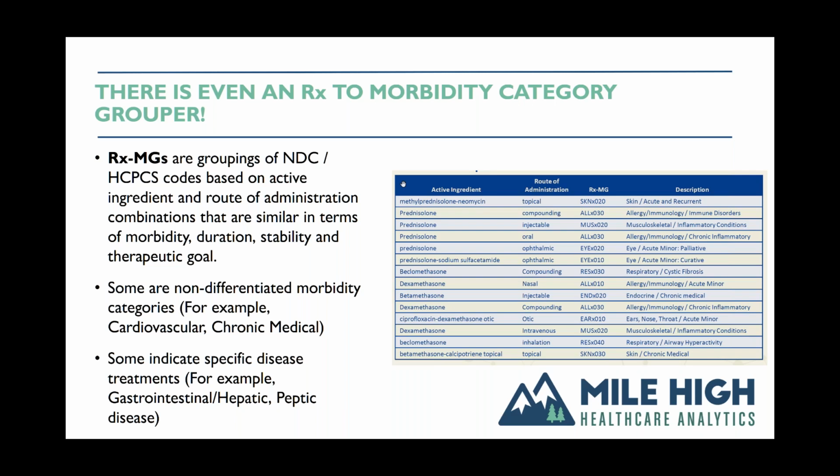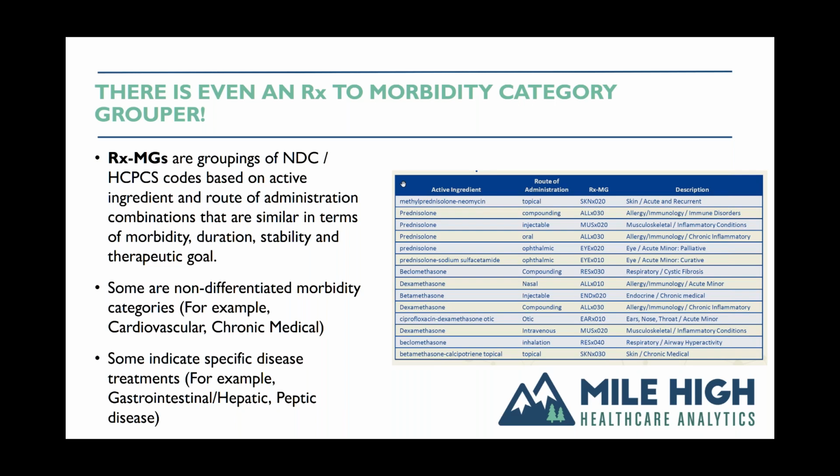So the development of RxMGs really took a lot of work over several years, and a lot of thought went into it. It does give you the ability to identify, in some cases, specific diseases, but in other cases, it gives you classes of diseases or overall therapeutic categories. As the slide indicates, corticosteroids treat so many different diseases that it would be very difficult, and basically arbitrary, to assign NDC codes for corticosteroids to a particular disease because they're used everywhere.